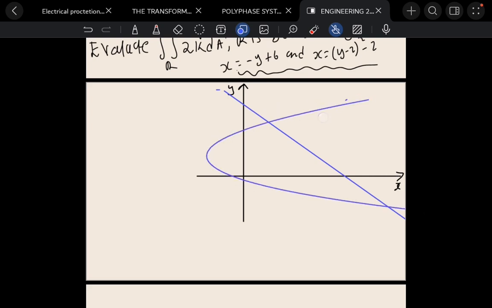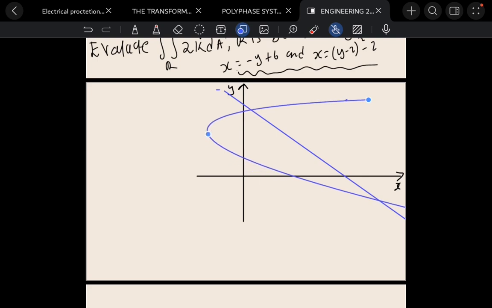Yes, better. But I'm moving it upwards. Yes. That's the graph, like that.